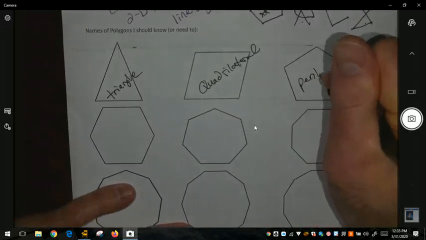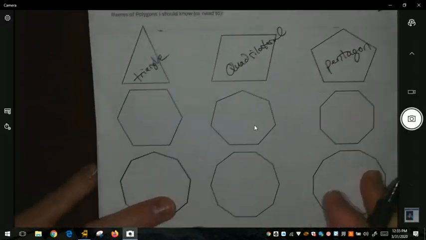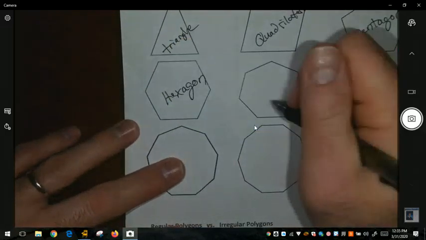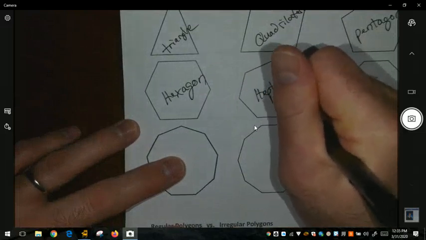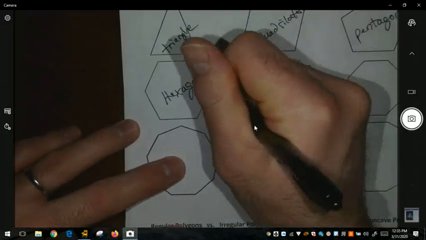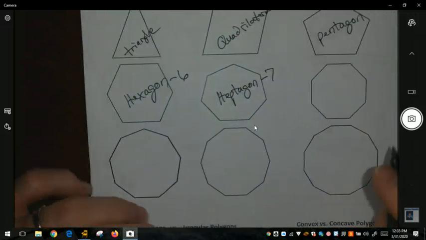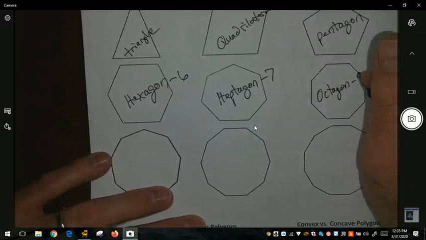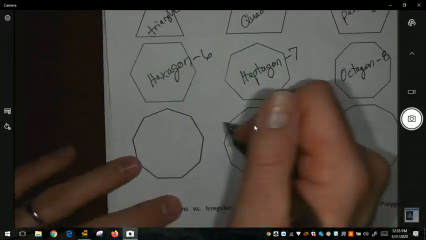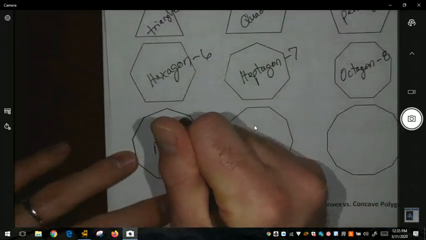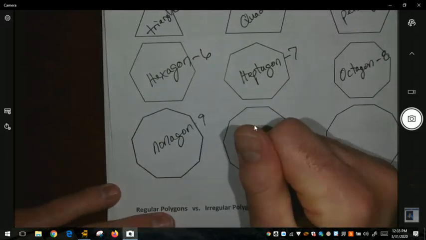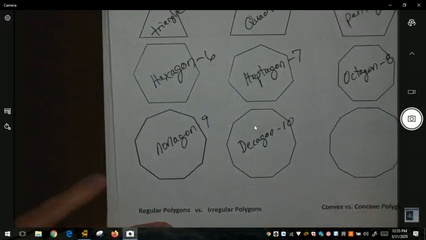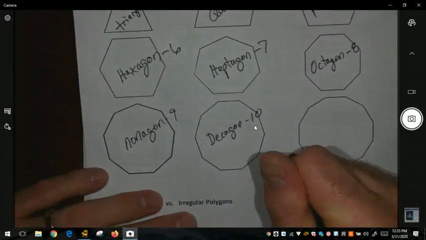A pentagon, a hexagon, a heptagon has 7 sides, an octagon, which is what a stop sign is made from, and then we have the nonagon, which is 9 sides, the decagon, which is 10 sides, and I skipped the 11-sided, it's just an 11-gon.